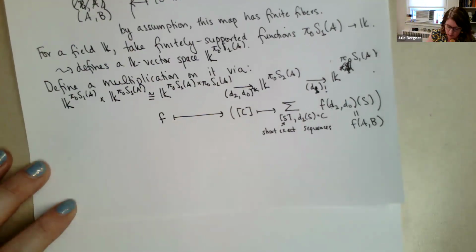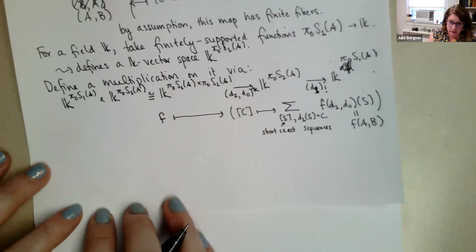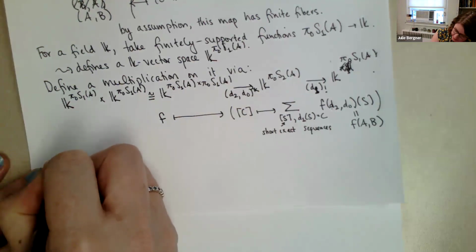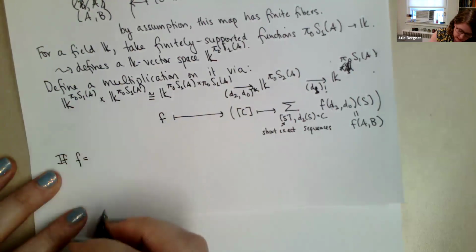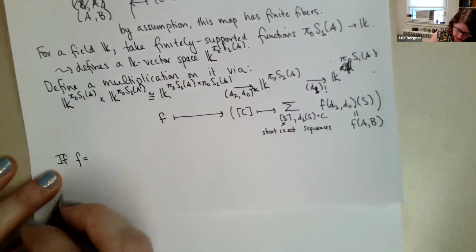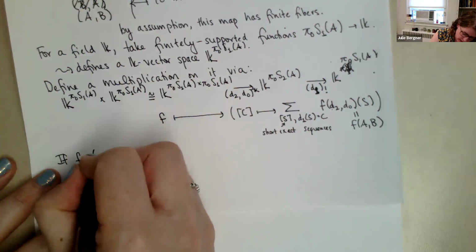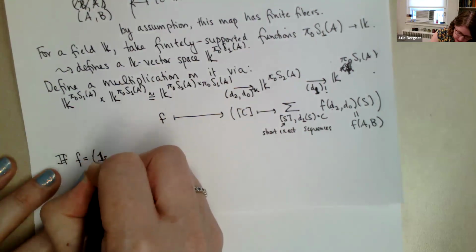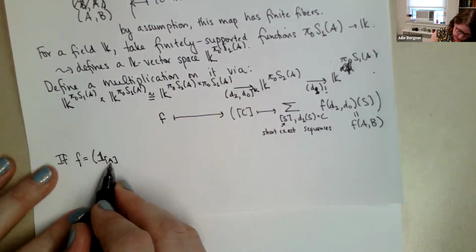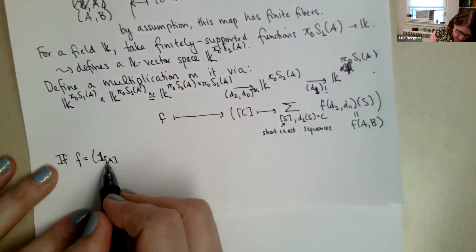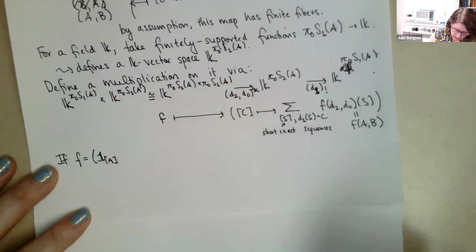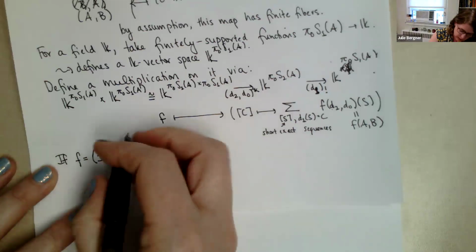All right, so we want to convince ourselves that this recovers the Hall multiplication that we had before. Let's take F. I've been sort of ambiguous about where this lives, but I want to think of F as being the pair: the characteristic function that goes to 1 at the object A or any of its isomorphic objects, and 0 everywhere else.